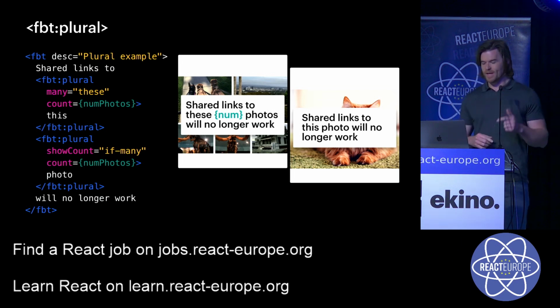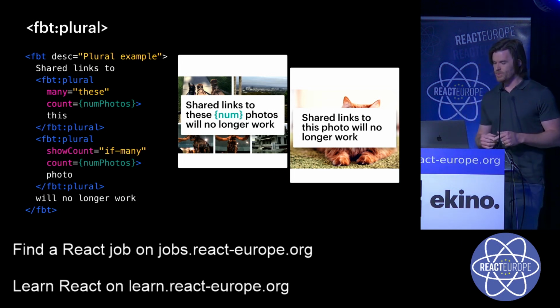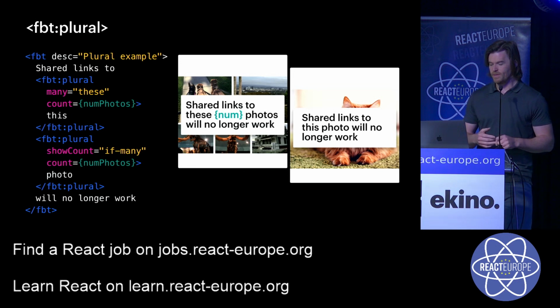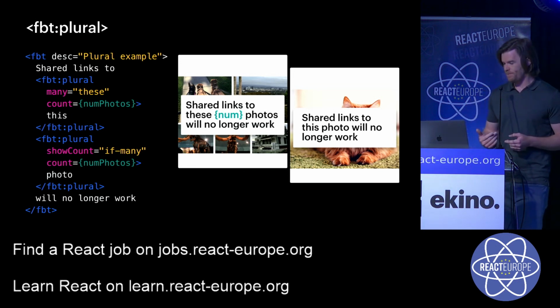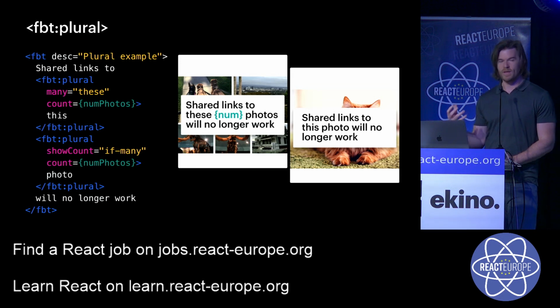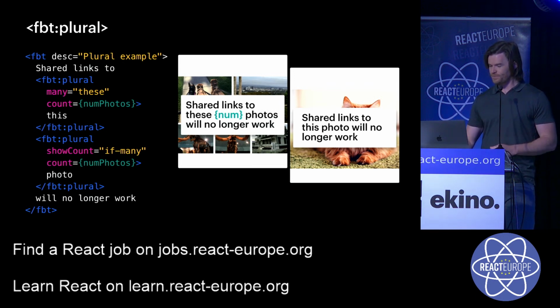And you'll notice that in the second FBT plural, we're using the show count attribute. And this can be no, yes, or if many. Here we're using if many, and what this does is add that number that we key off of at runtime into the sentence itself, and only in the plural case. So that's why we get that sentence, "shared links to these num token photos will no longer work."